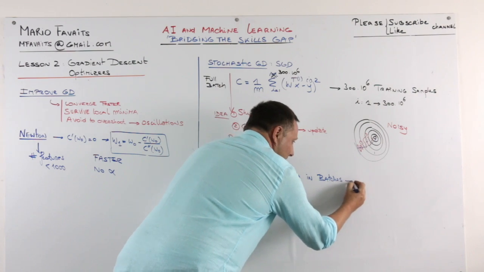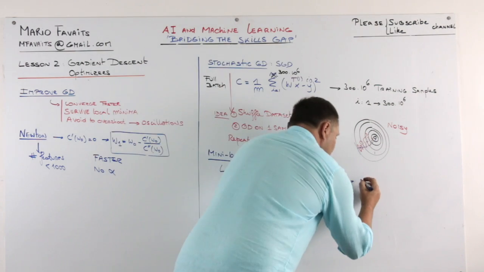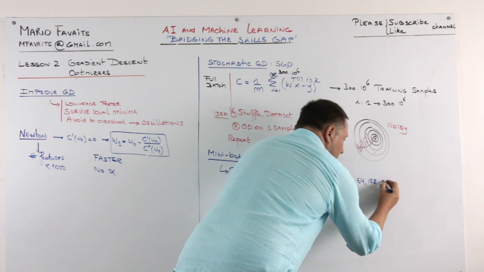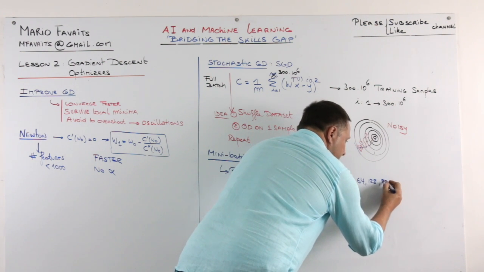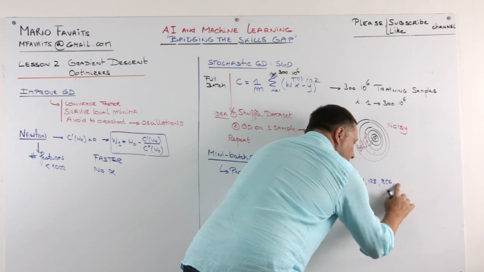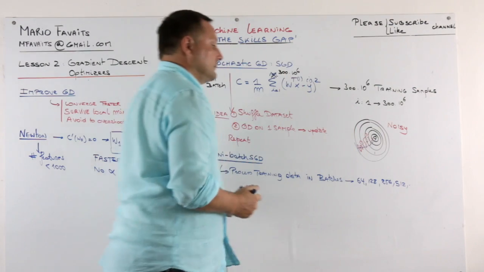And the batches are typically powers of 2: 64, 128, 256, 512, and so on.